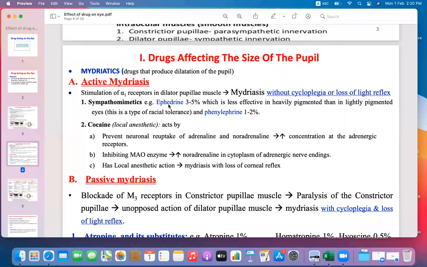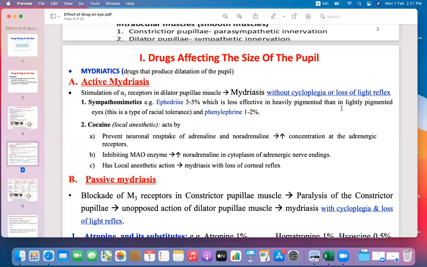Stimulation of alpha 1 receptor causes mydriasis without cycloplegia or loss of light reflex. Without cycloplegia means there is no paralysis of the ciliary muscle, no loss of accommodation for near vision, and no loss of light reflex. What is light reflex? Simple. I will explain the light reflex.